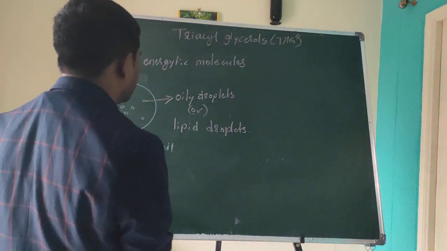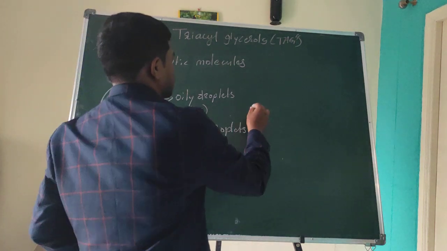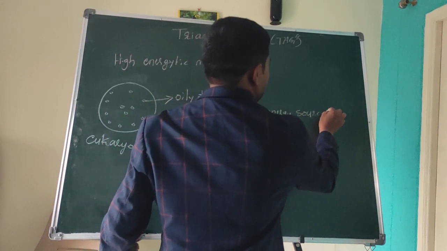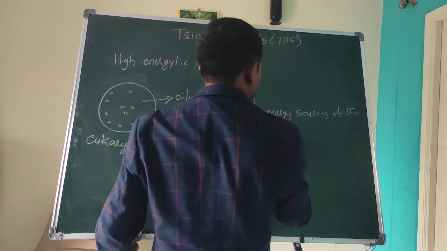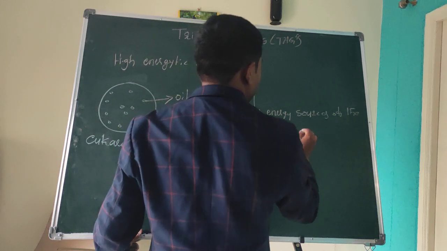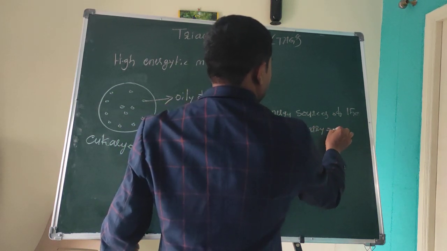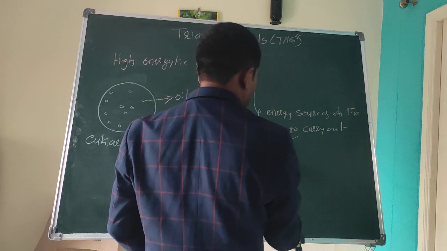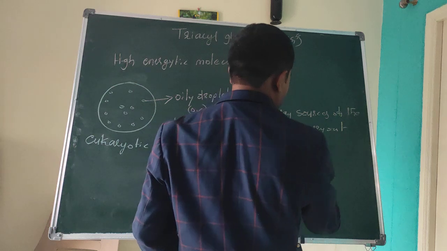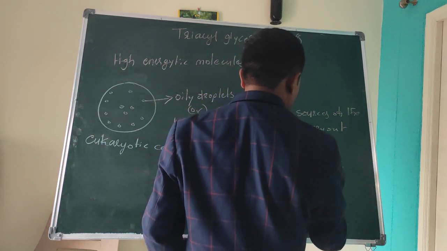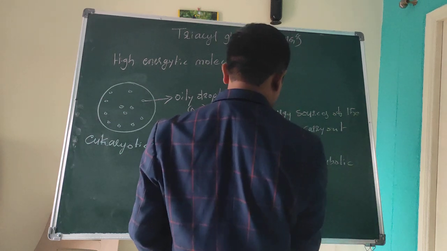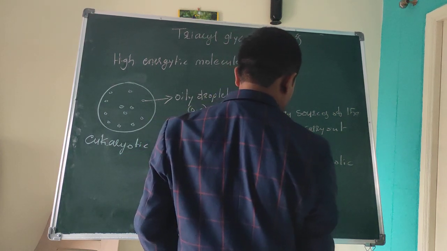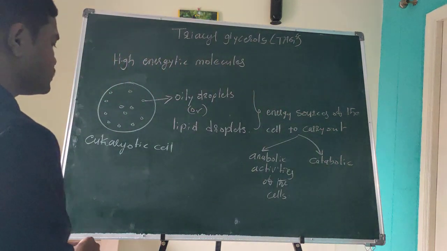These oily droplets or lipid droplets are used as energy sources of the cell to carry out anabolic and catabolic activities of the cell.